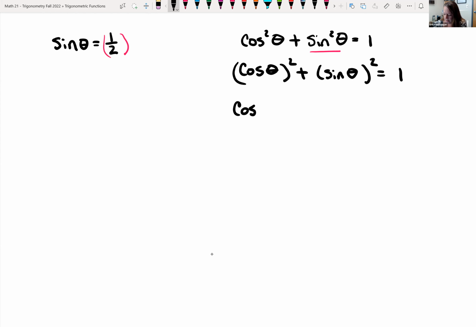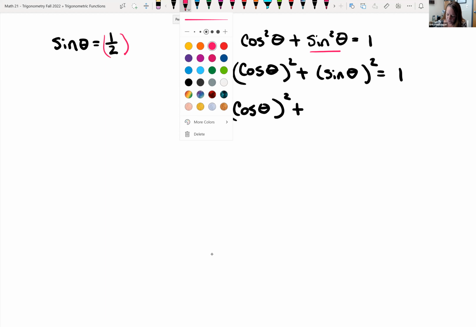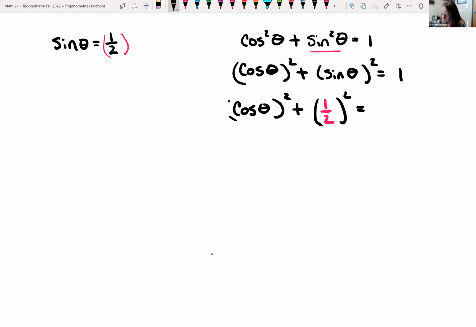So we have cosine theta quantity squared plus, well, sine theta we just said was 1/2, and we're going to square that, equals 1. So we get cosine theta quantity squared plus 1/4 equals 1.